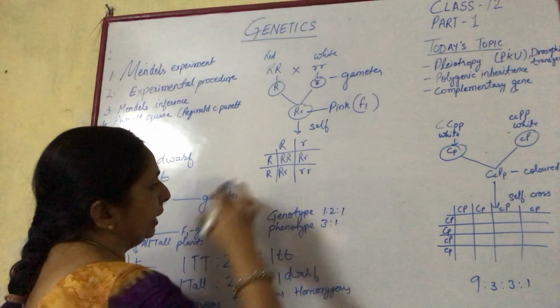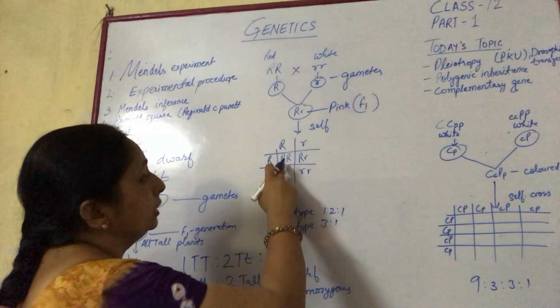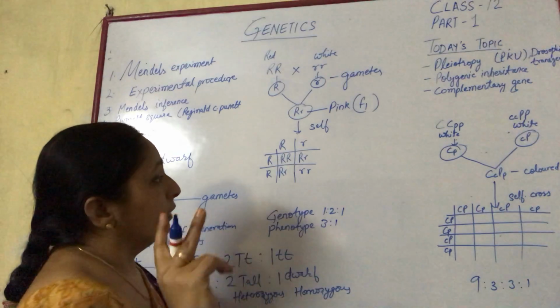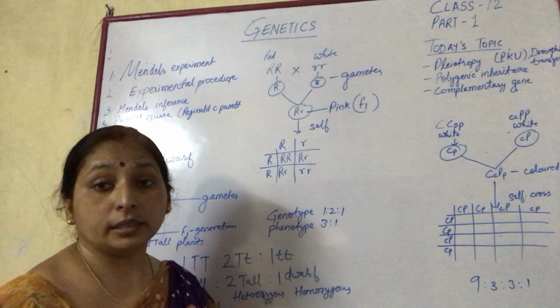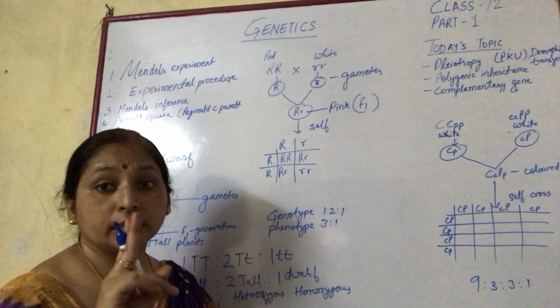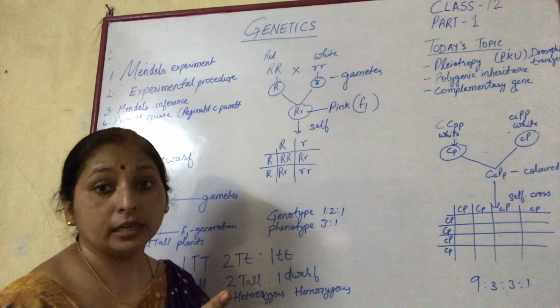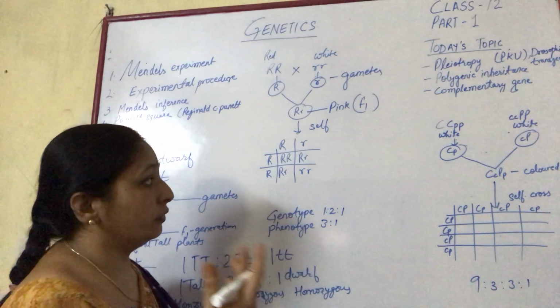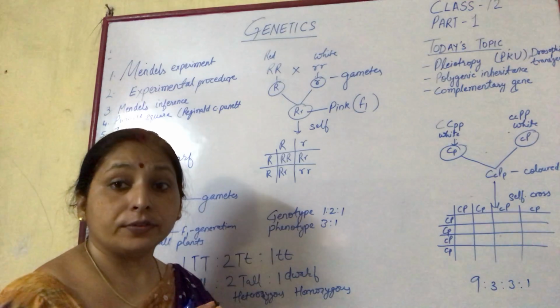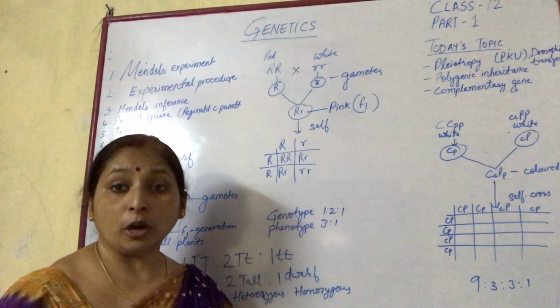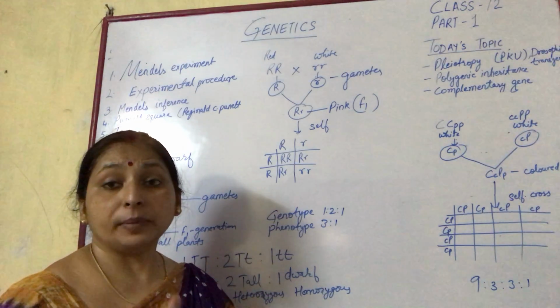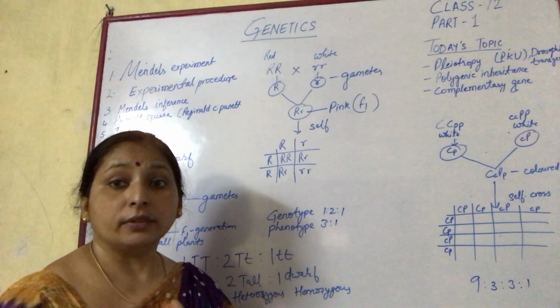After the pink flower is self crossed, the characters, capital R and small r, are taken in a Punnett square. When capital R is present in the homozygous condition, 2 capital R, the flower color is red. If it is small r in the homozygous condition, the flower is white.